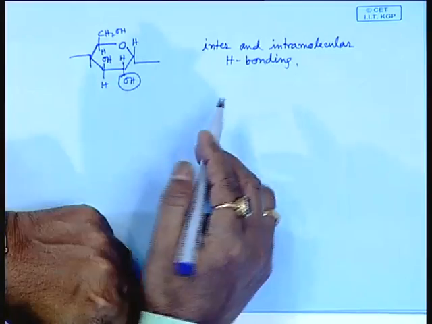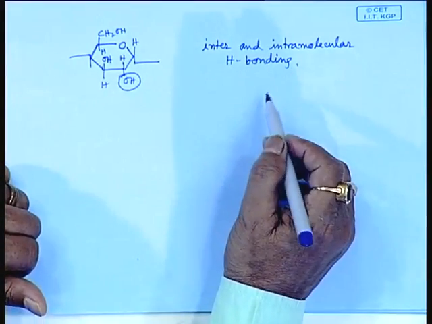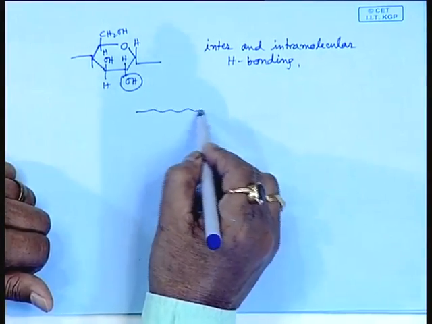We cannot melt cellulose. If you heat cellulose, it will not melt, rather it decomposes. Why so? Because if we put a thermoplastic polymer in a solvent, it goes into solution. If we heat it, it softens and melts. But cellulose, although it is a thermoplastic polymer, does not, because it contains extensive inter as well as intramolecular hydrogen bonding.